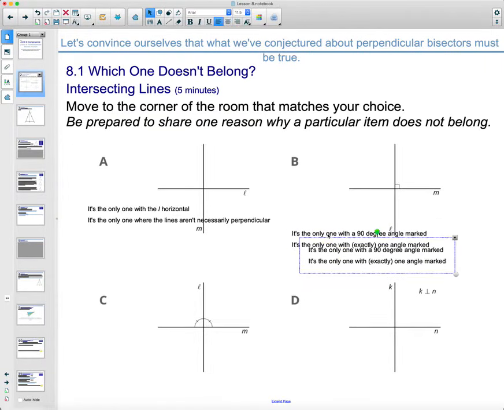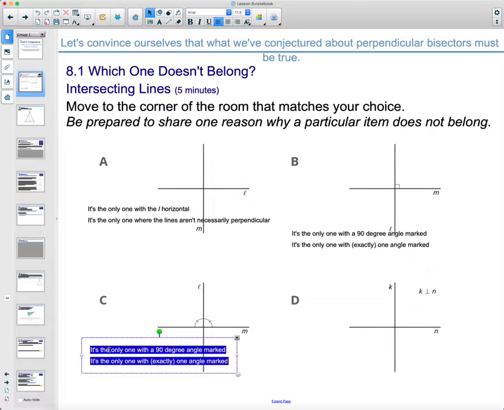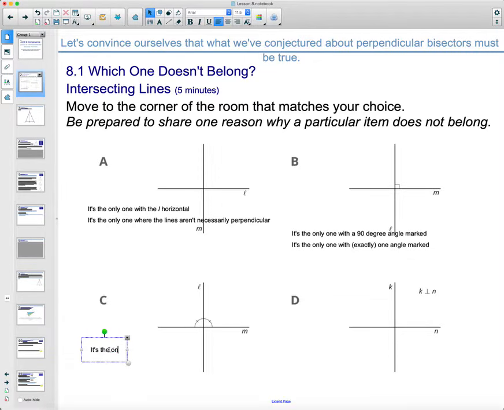For C, maybe you said it's the only one with congruent angles marked, or the only one with two angles marked.